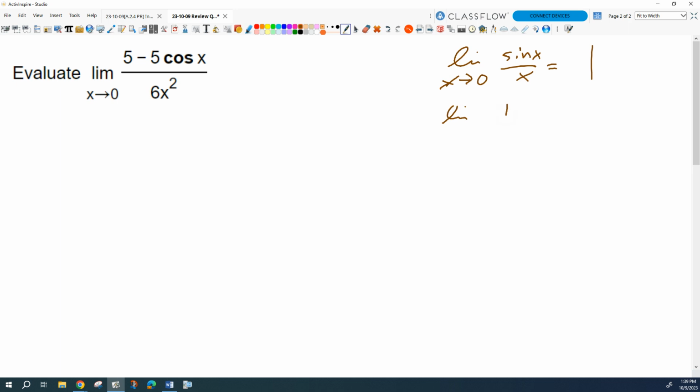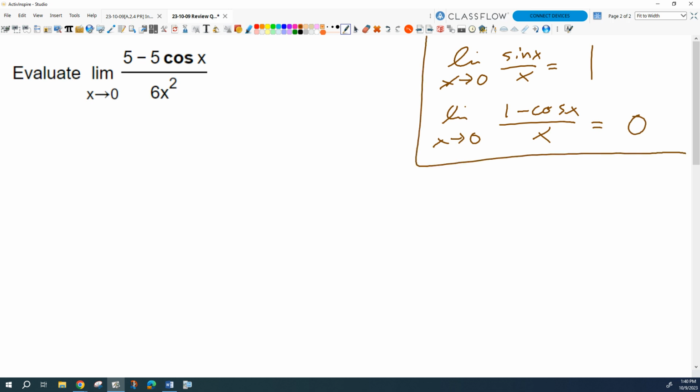The limit of 1 minus cosine x over x as x approaches 0 is what? No, 0. Okay, and the reason we never use that one is because we never have to, right? I'm surprised I remembered that one, honestly, because I just always do it using trig identities.